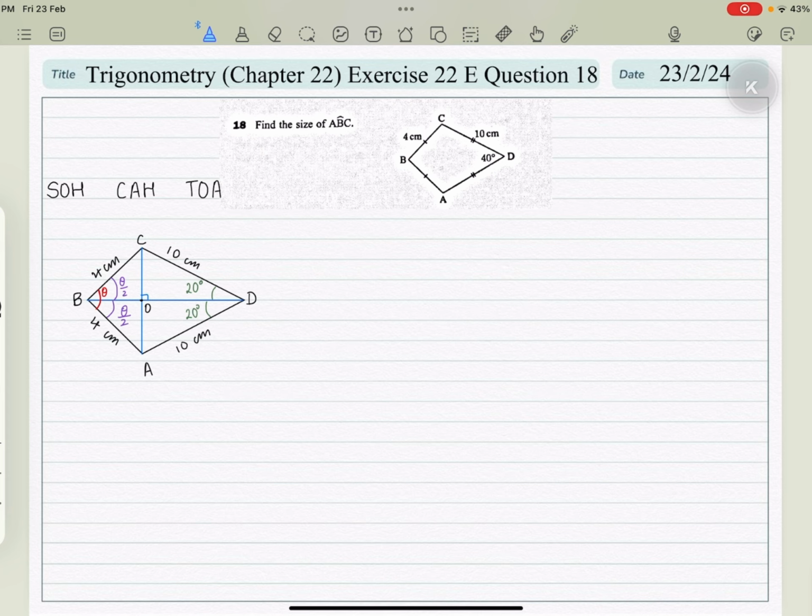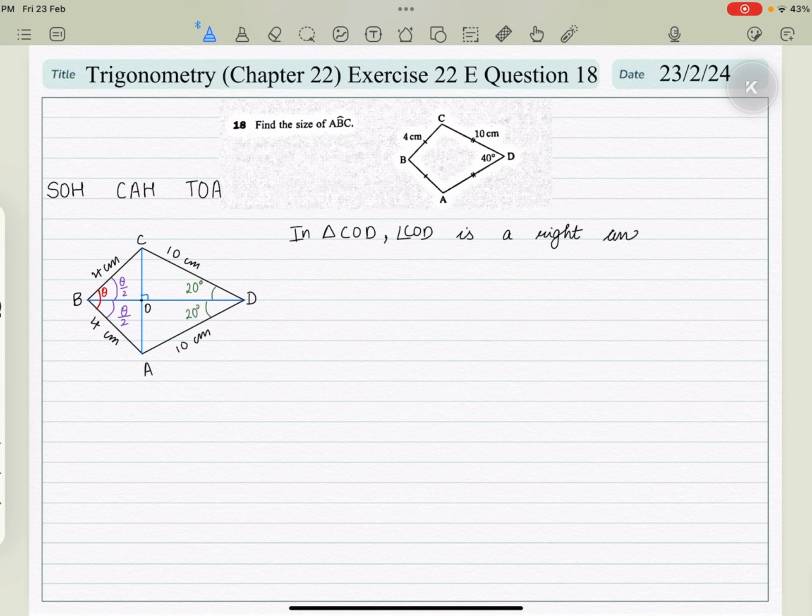So first we'll look at triangle COD. Angle COD is a right angle because the diagonals of a kite intersect each other at 90 degrees.